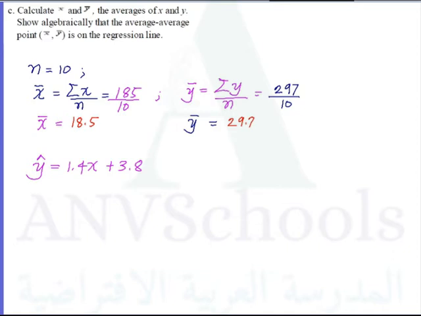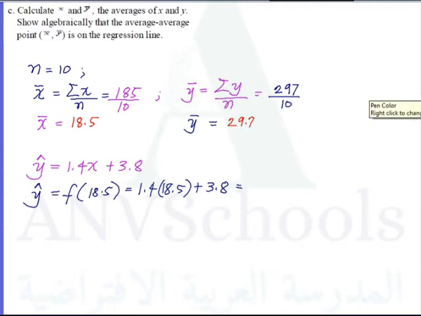Suppose that our x is 18.5. So our y hat of 18.5, or f of 18.5, will be equal to 1.4 times 18.5 plus 3.8. Let us compute: 1.4 times 18.5 plus 3.8 is equal to 29.7.